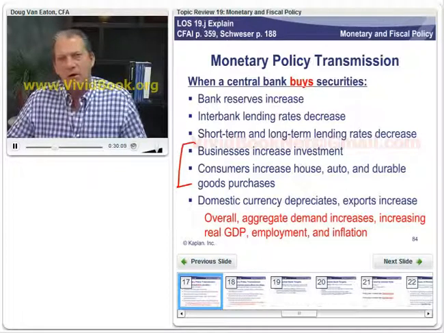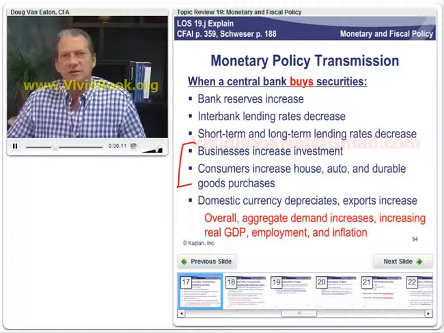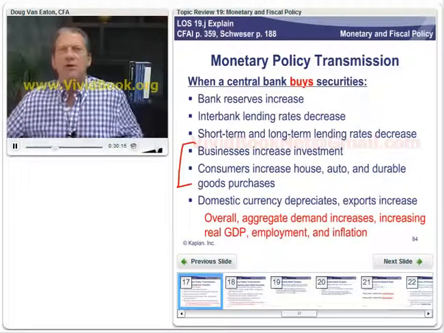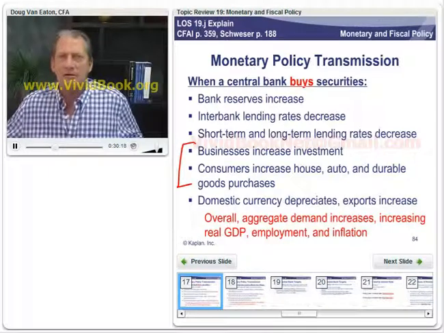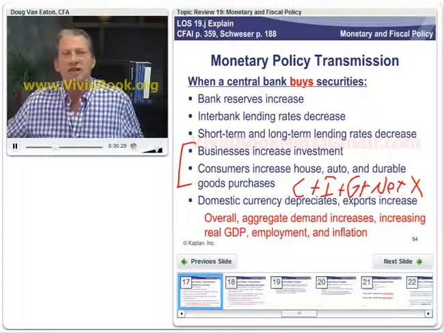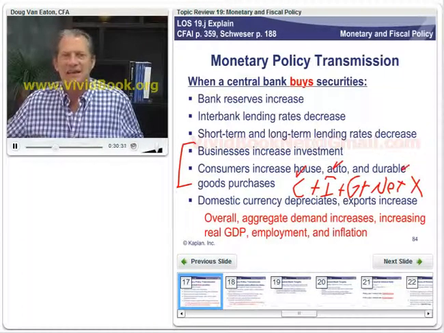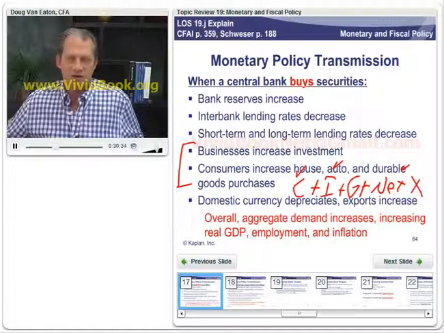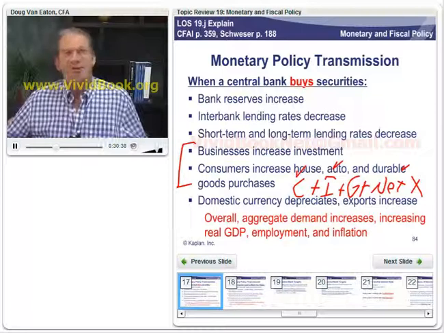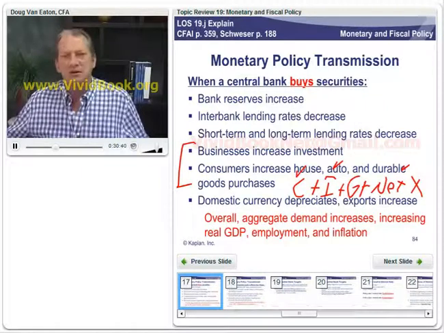They buy more, and this increases exports. So now remember our aggregate demand, C plus I plus G plus net exports. Well, C and I and net exports are all increasing because of this expansion of the money supply. So that's the transmission mechanism.